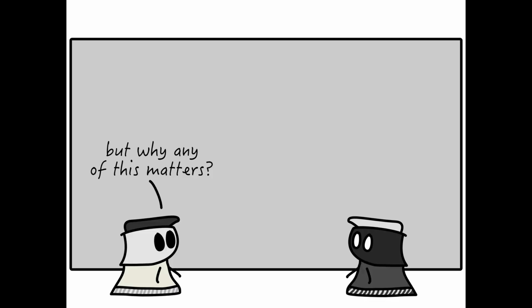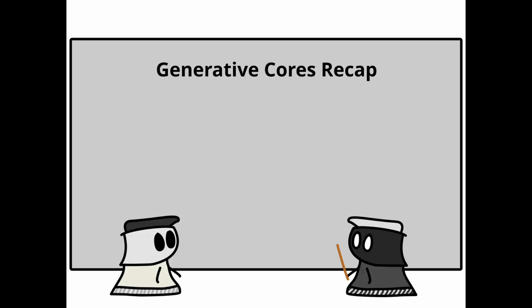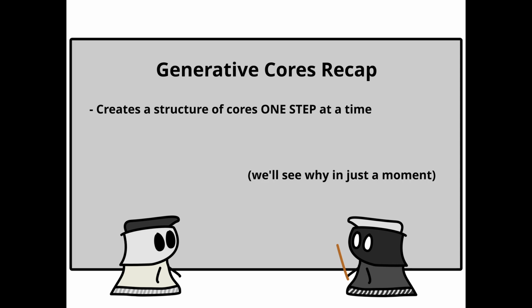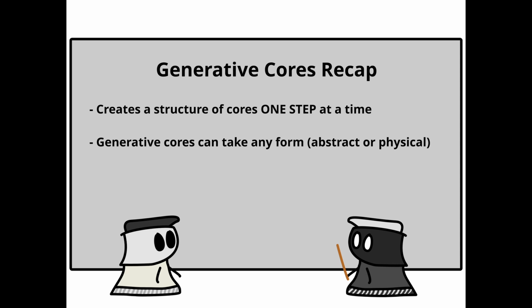Finally, before moving on, let's review the definition of the first law once again. A generative core creates a structure by adding a new and significant core one step at a time. This last part is often overlooked, but it is crucial to the generation of structure. As we have seen, cores can take any form, from movement of pieces to adding tiles.